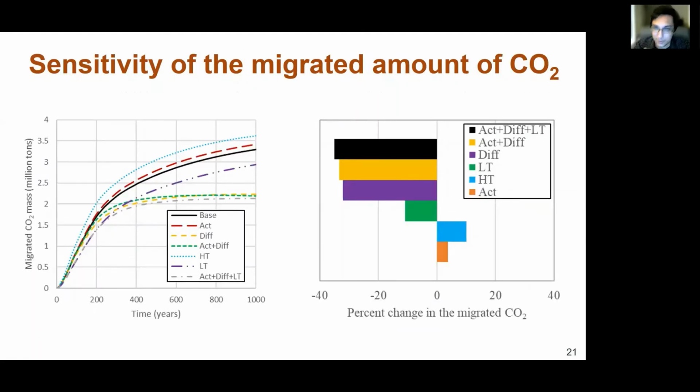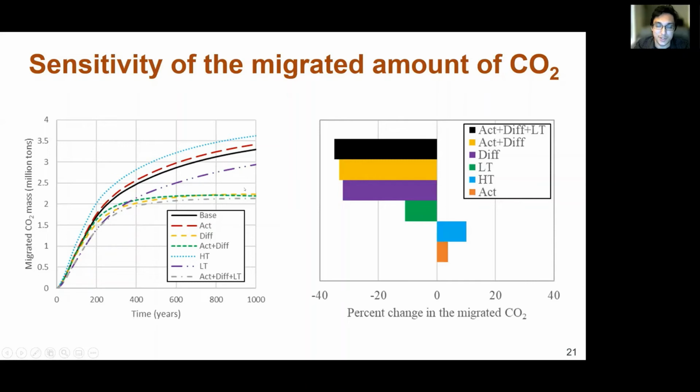But now, since the faults are leaky, we can look at the total amounts of CO2 that have migrated above the cap rock. What we have here is the progression of the CO2 mass that has migrated. We can see our base case, the black curve, and we have our yellow curve and also green curves, which are the cases where we have molecular diffusion.